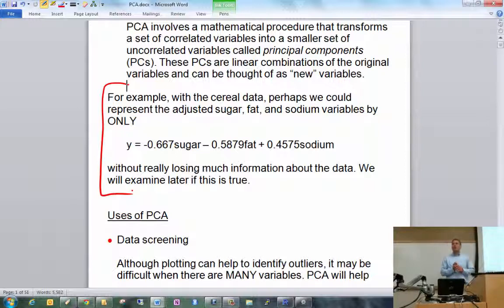And so what I would do with this equation is, for all 40 of my observations, simply apply this equation so that in the end, I only have y to deal with. So instead of 3 variables, now I have essentially just 1. Okay? That's the kind of thing that we're going to be doing.